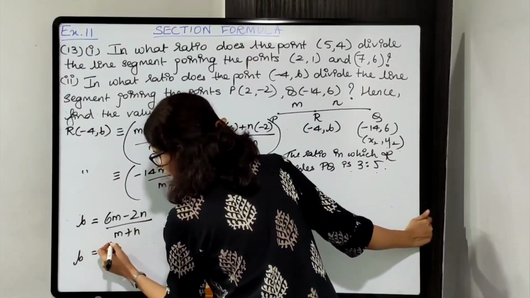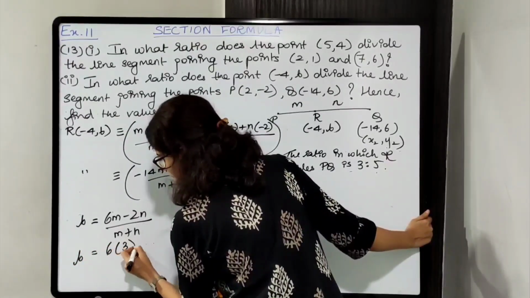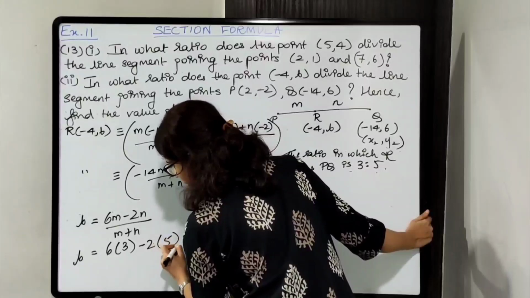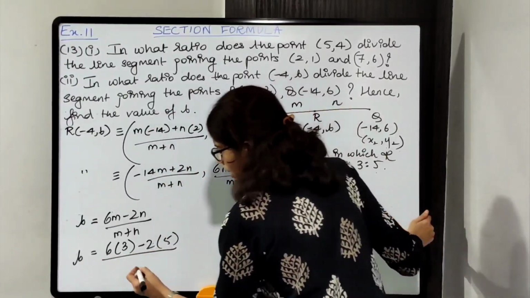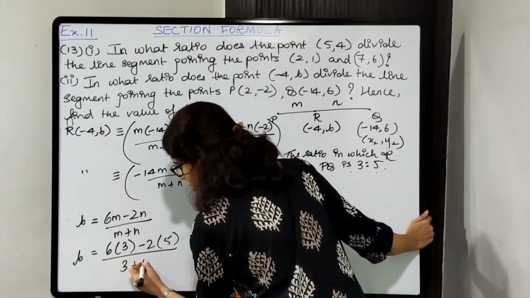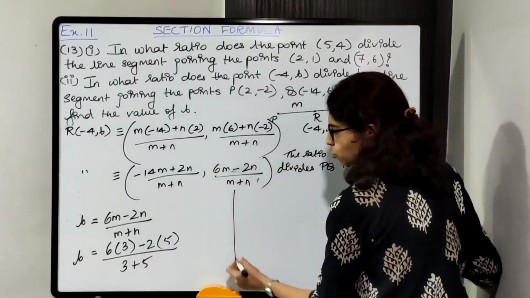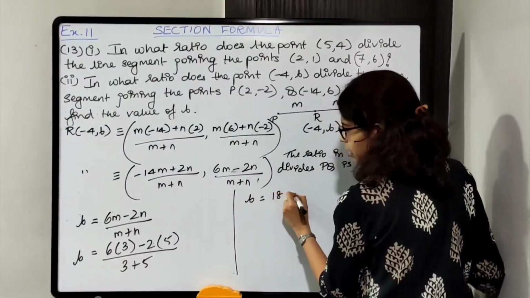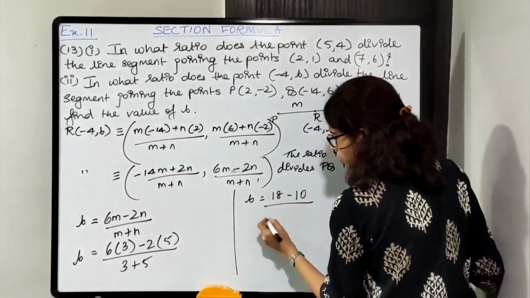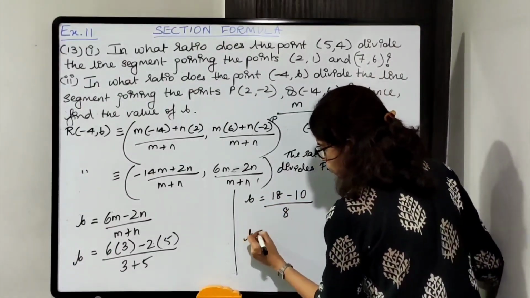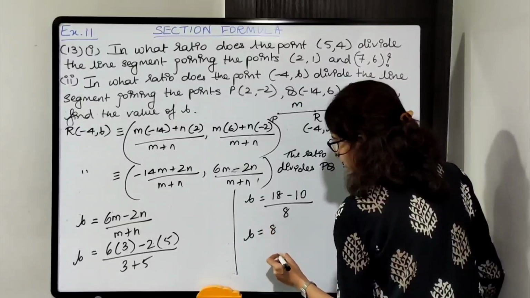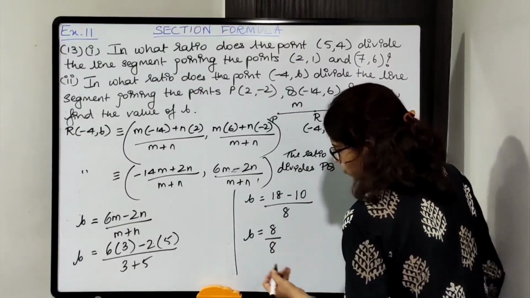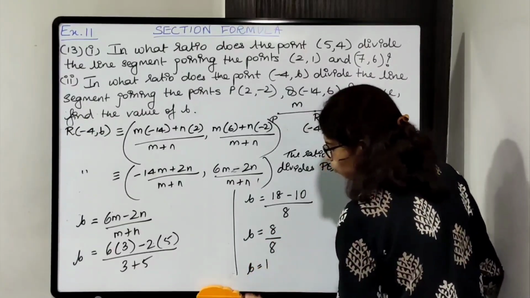So m is 3, n is 5, and again m 3, n 5, so b is equal to 6 3s are 18 minus 2 5s are 10 upon 3 plus 5, 8. So b is equal to 8 upon 8. So b is equal to 1.